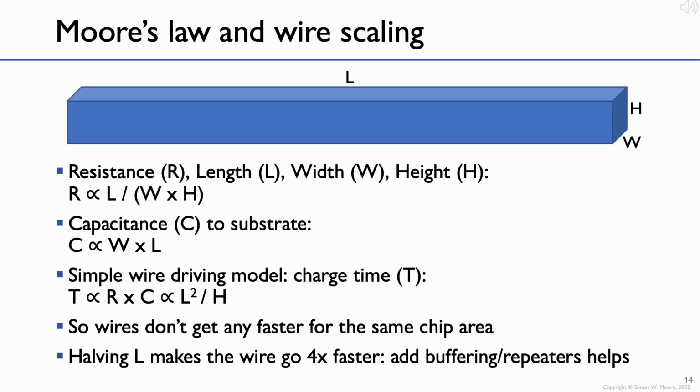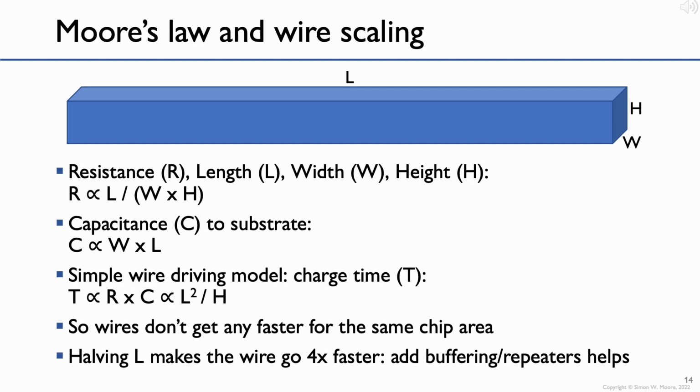Now, for those of you who remember some basic analog electronics, the charging time for a capacitance is proportional to the resistance times the capacitance. And if we just work through the maths, we suddenly see that the time constant for that wire is proportional to the length squared divided by the height.